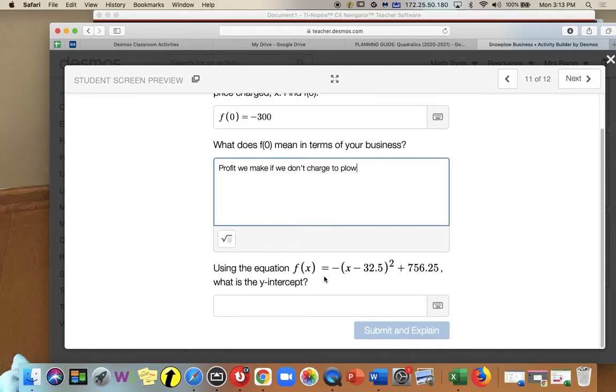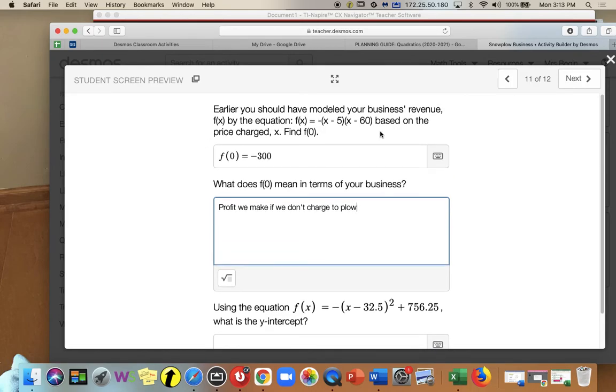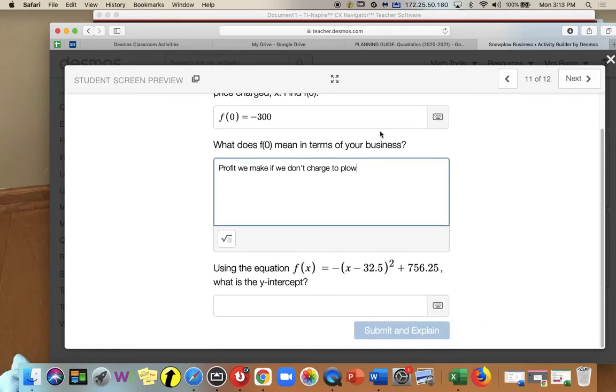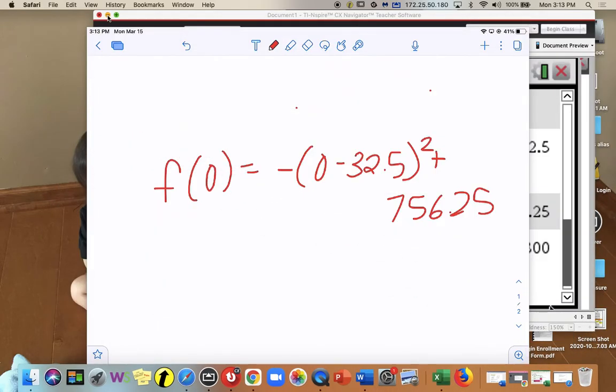All right, using the equation, what's the y-intercept? Okay, so again, let's just plug in f of 0. Let me write this down. So this is vertex form, so we did intercept form up here. Here's vertex form, so f of 0 equals negative (0 minus 32.5) squared plus 756.25. Okay, so here's what they want us to do.